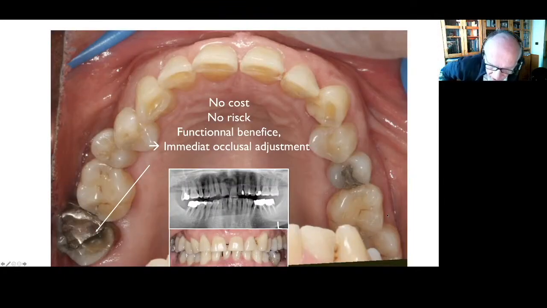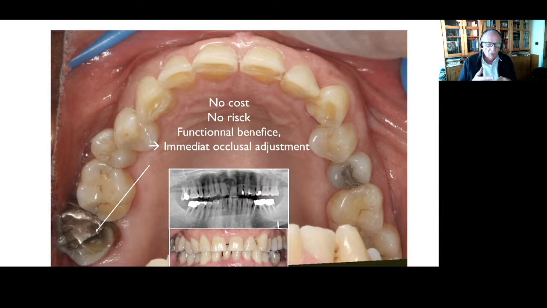You remember this case with a strong prematurity on the second molar here. I said to you, it is an obvious occlusal disorder. Okay. For me, I define an obvious occlusal disorder as a strong occlusal disorder.